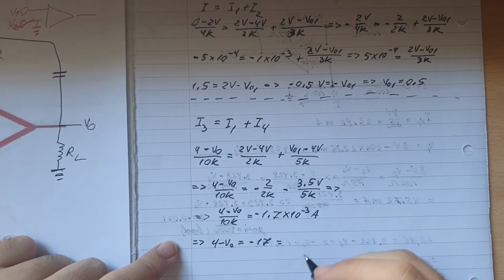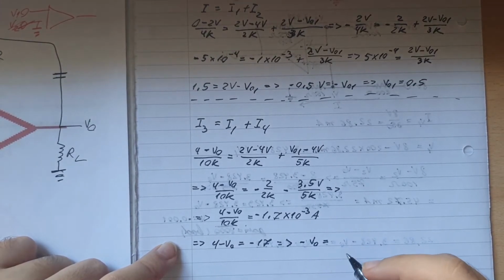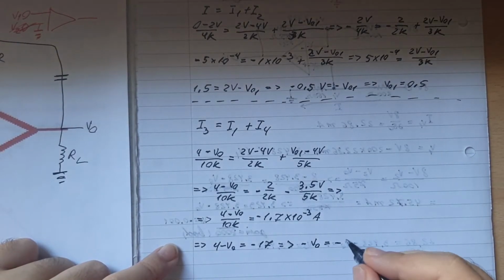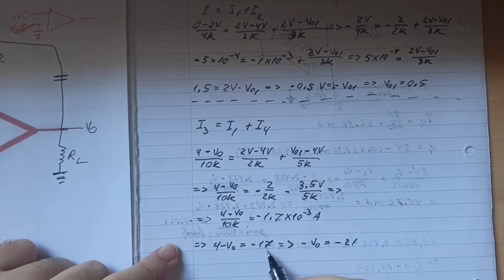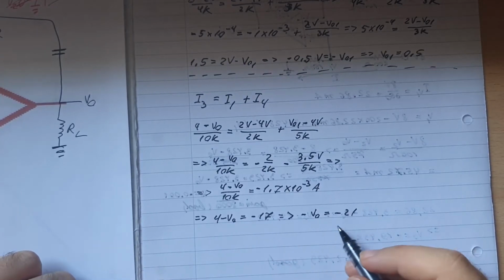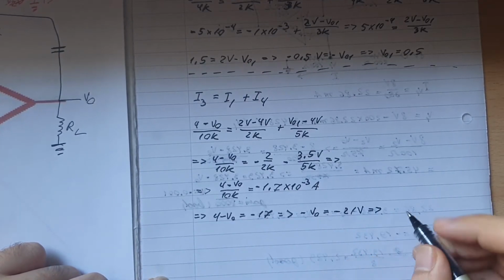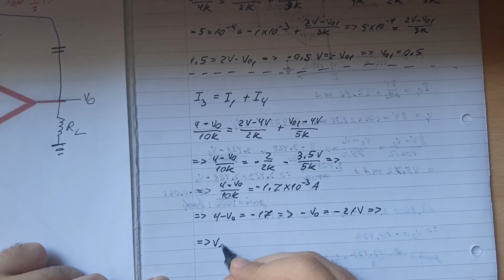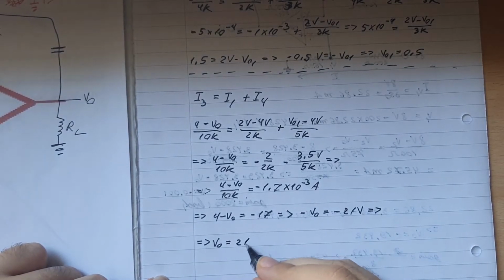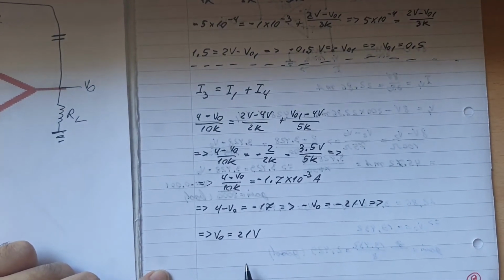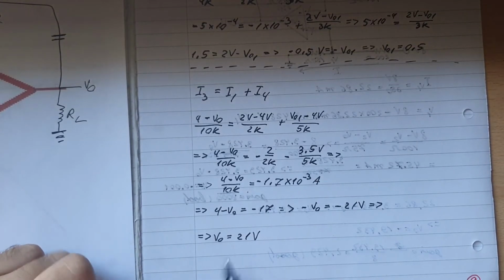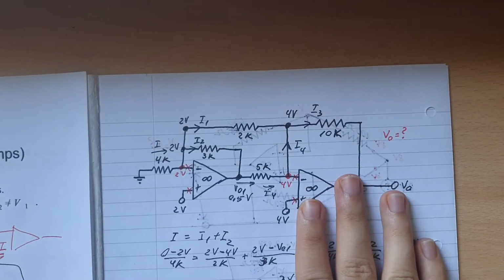Therefore minus VO will be equal with minus 21, because the positive 4 goes to the other side. That will give us minus 21 volts, and therefore V out is equal with 21 volts, and that's our final answer. Okay, so this is the answer for this problem.